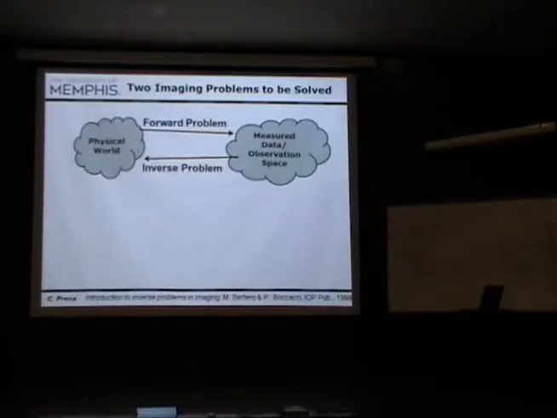And there is a forward model or forward problem that defines this mapping, right? How we go from the physical world to the measured data, the measured image. And what we're doing in computational imaging is developing solutions for the inverse problem. So given the data, we want to determine, or predict as accurately as possible, what is going on in the physical world, right?